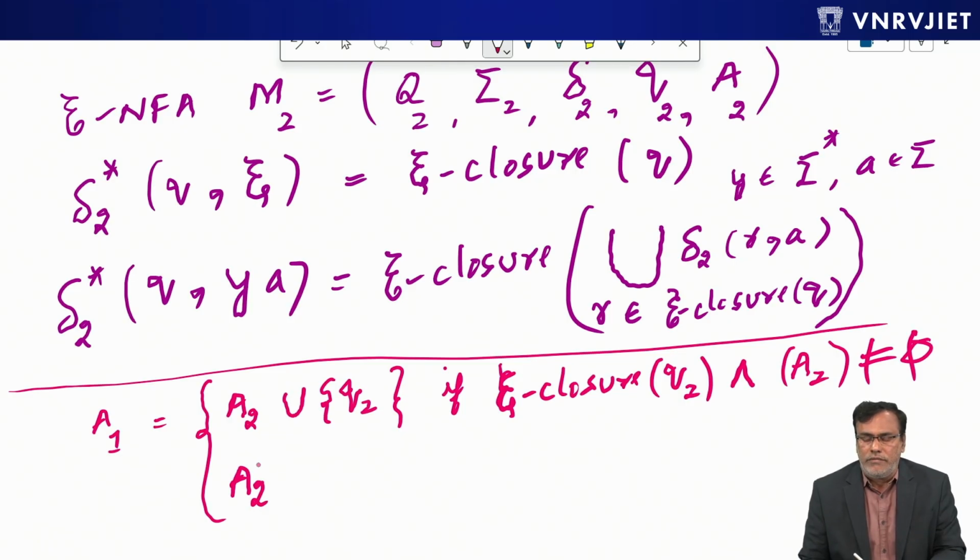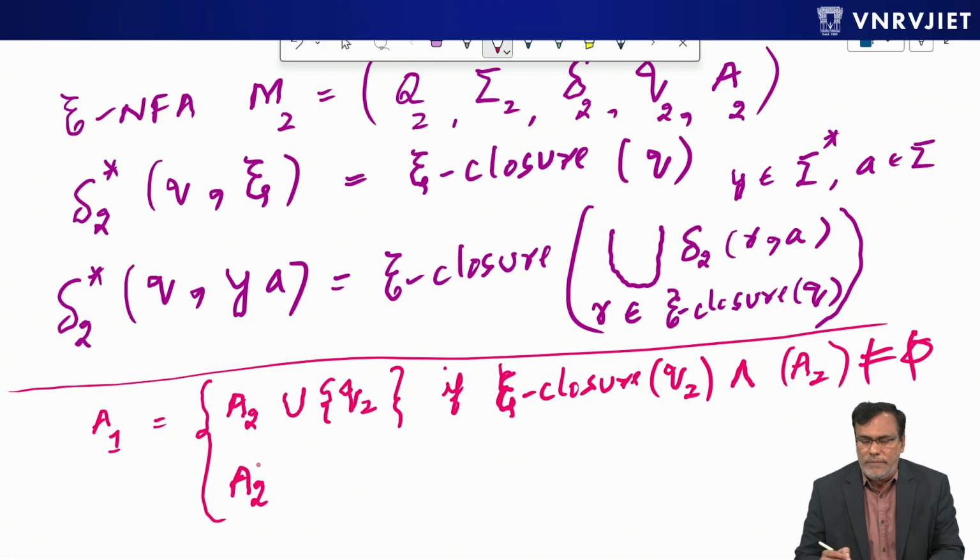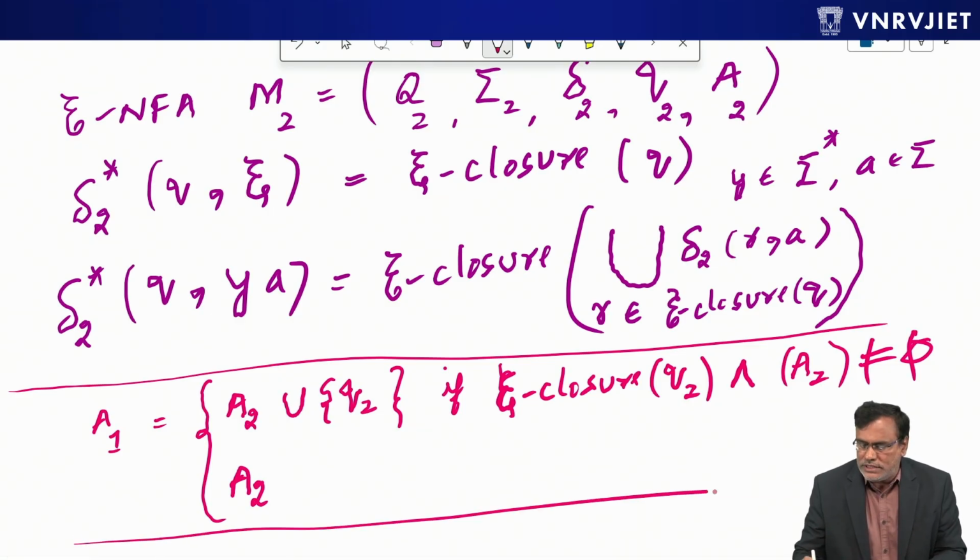So whenever you can reach any one final state in epsilon NFA from the start state only on epsilon transitions, then the start state of the epsilon NFA will also be a final state in the NFA. That is what this is.